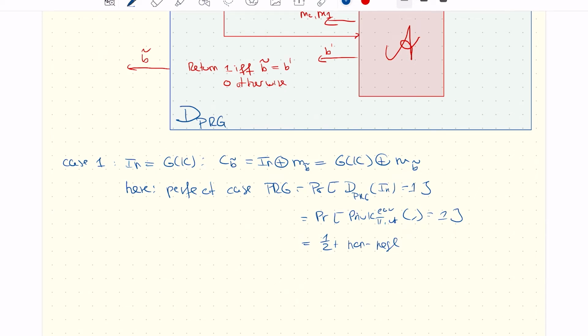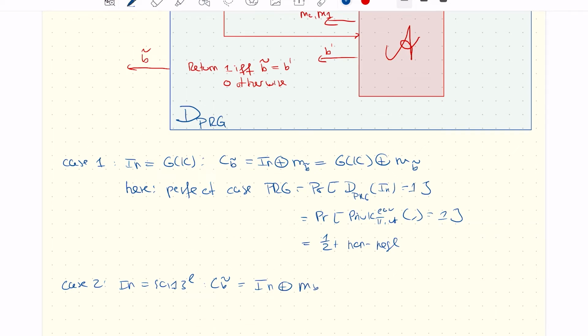So now we have to take a look at the second case, case 2. And this is the case where in is essentially just a uniformly random string of the corresponding length. And this essentially means that c_b tilde is just a uniformly random string XORed with the message m_b tilde.